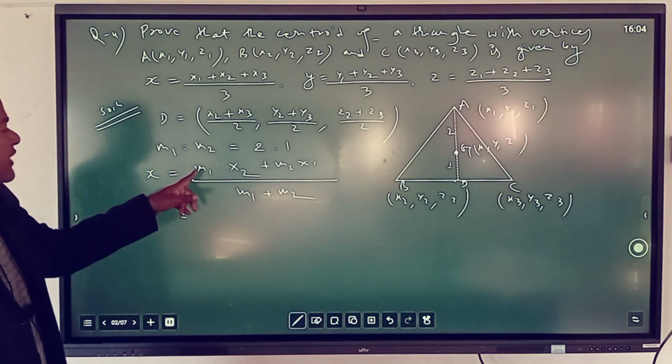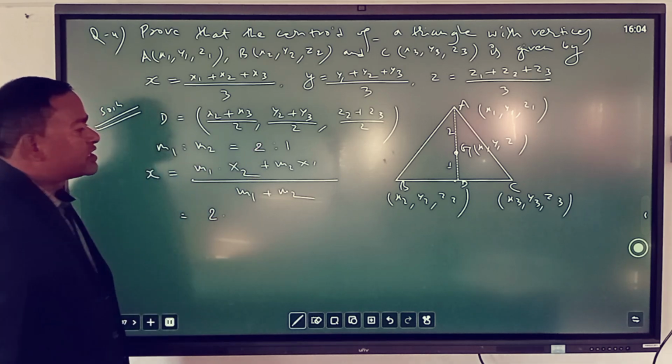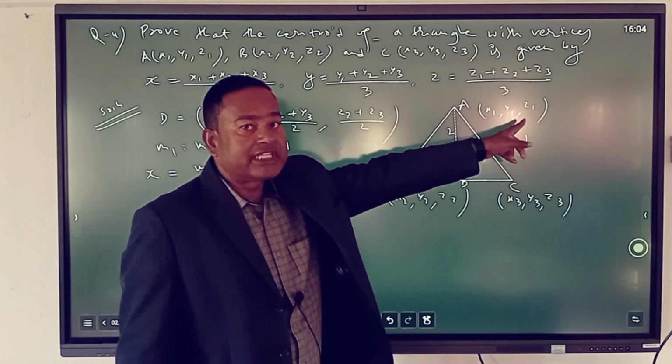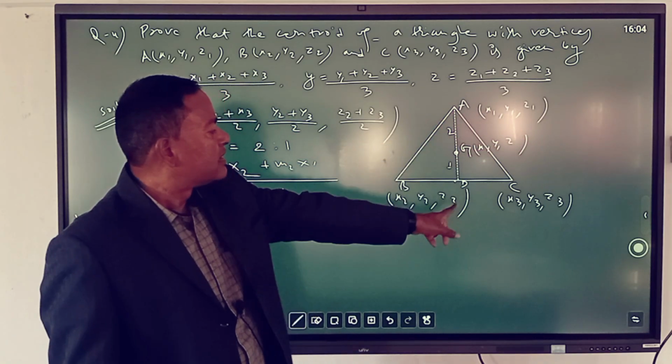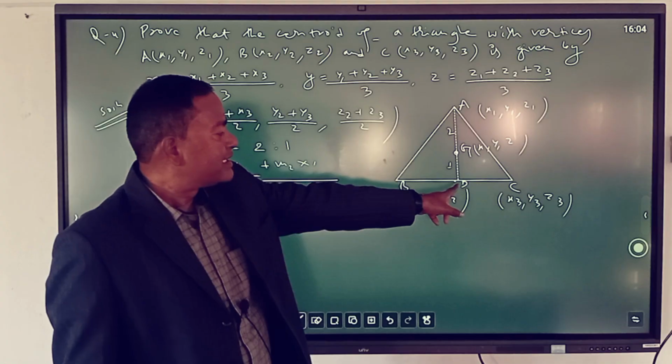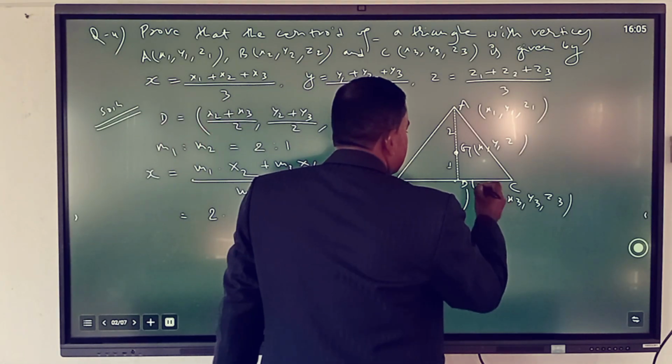So let's put the value of m1. m1 is 2, so we can write 2 times. Let us suppose the coordinates of the point A are x1, y1, z1, and the coordinates of the point D are x2, y2 and z2.